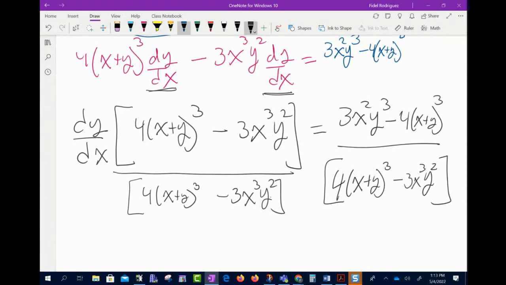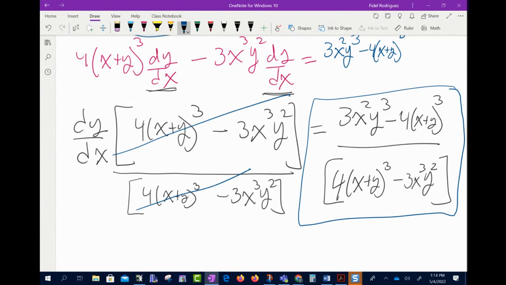So that and that will go away. This right here, my friends, is going to be my dy dx. Before I go on to anything else, I'm going to enter that part in as the first part of my answer.